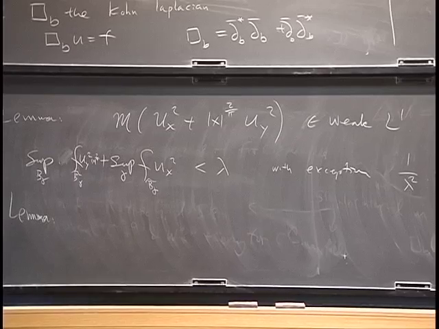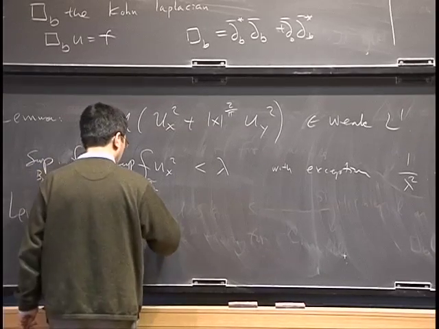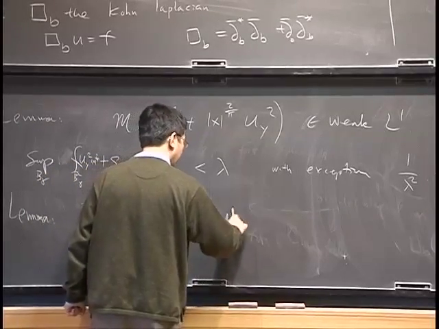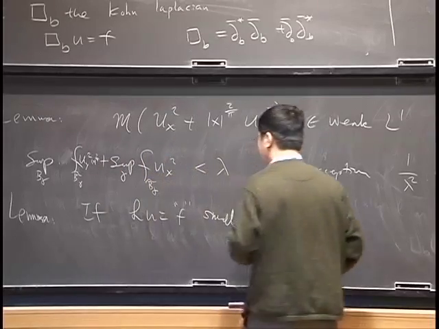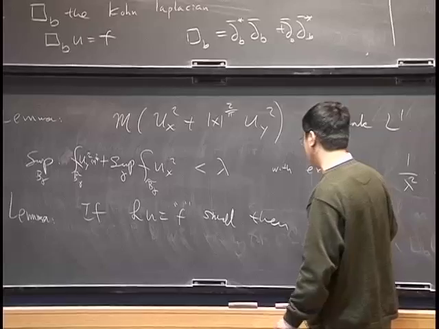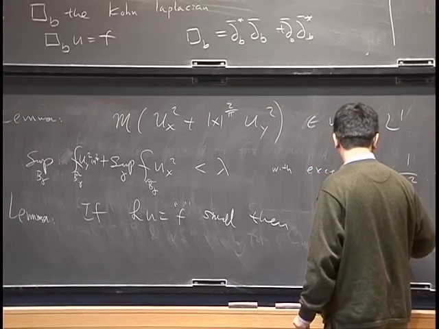Then next you argue that if L of u equals f is small, then this inequality fails with amazingly small measure, for the maximum operator of ux squared.